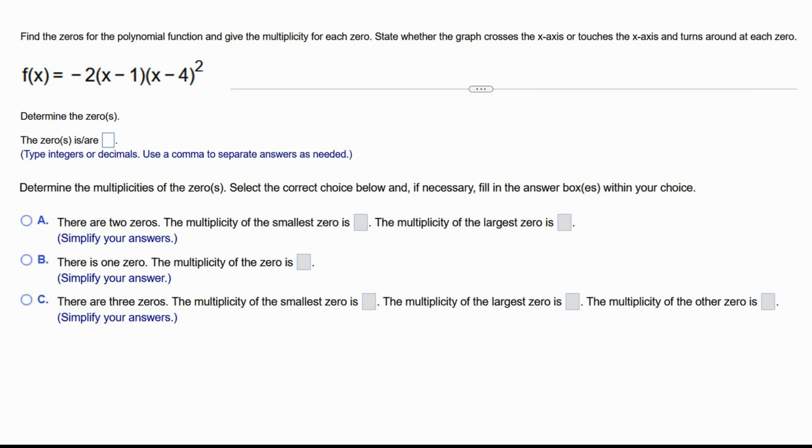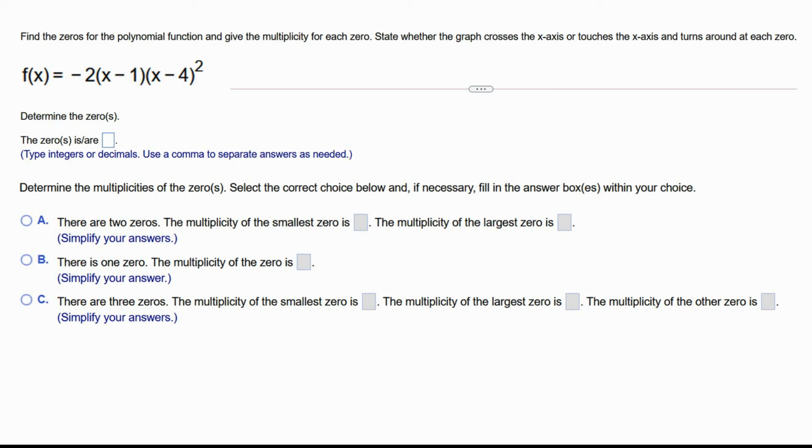Okay, so find the zeros for this polynomial function, and then give the multiplicity of each zero, and then state whether the graph crosses the x-axis or touches the x-axis and turns around at each zero.